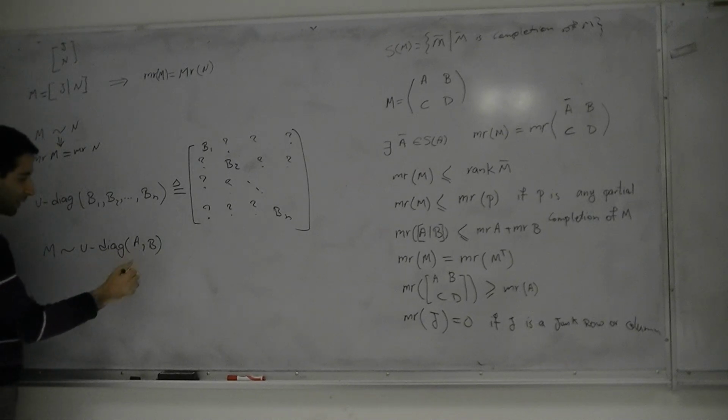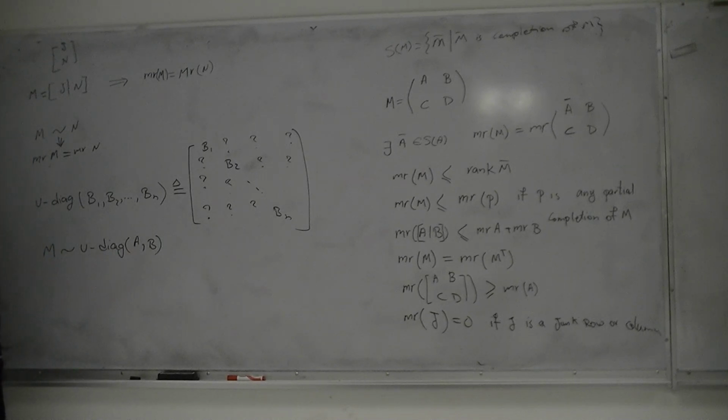A and B must have at least one element that is not zero and not unknown. It means A and B are not totally junk.